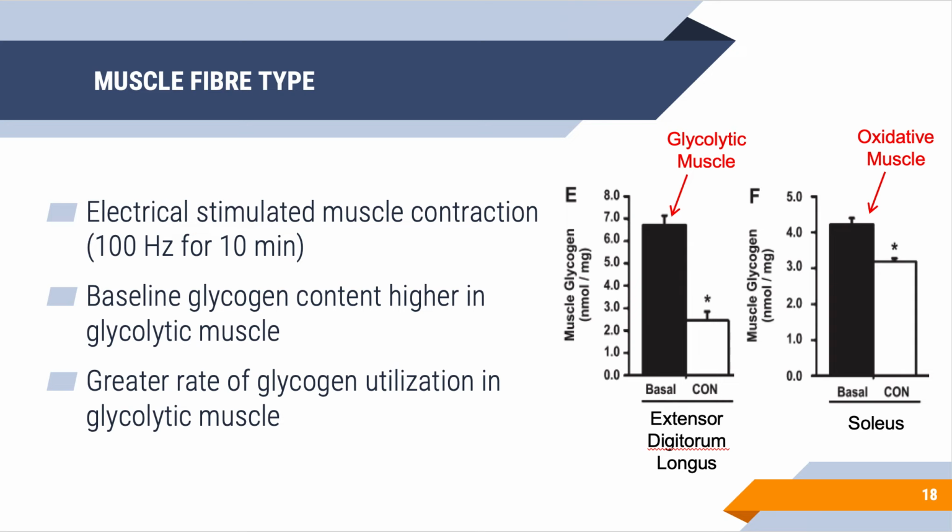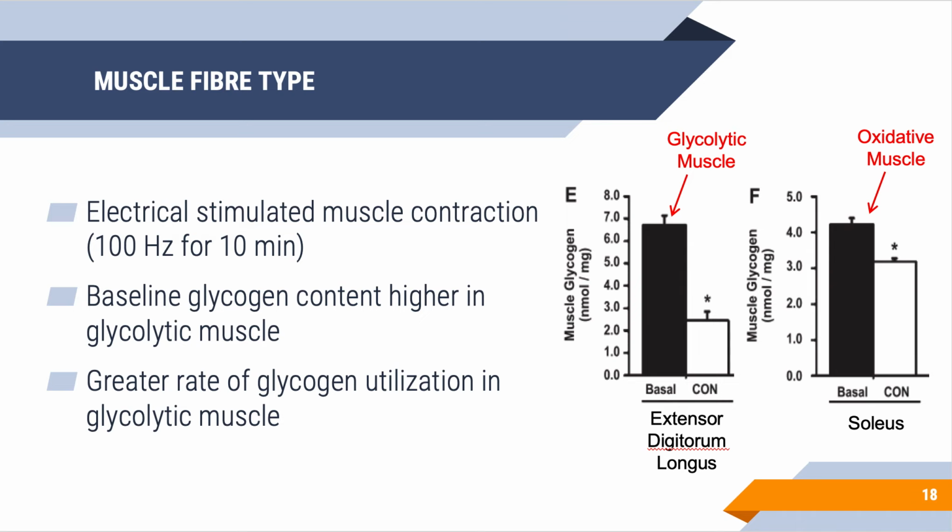So what we can see, if we look at the y-axis on these graphs, is that muscle glycogen goes up to about 7 nanomoles per milligram in glycolytic muscle, whereas it's only about 4 nanomoles per milligram in oxidative muscle. So the stores of muscle glycogen are higher in glycolytic muscle to start.